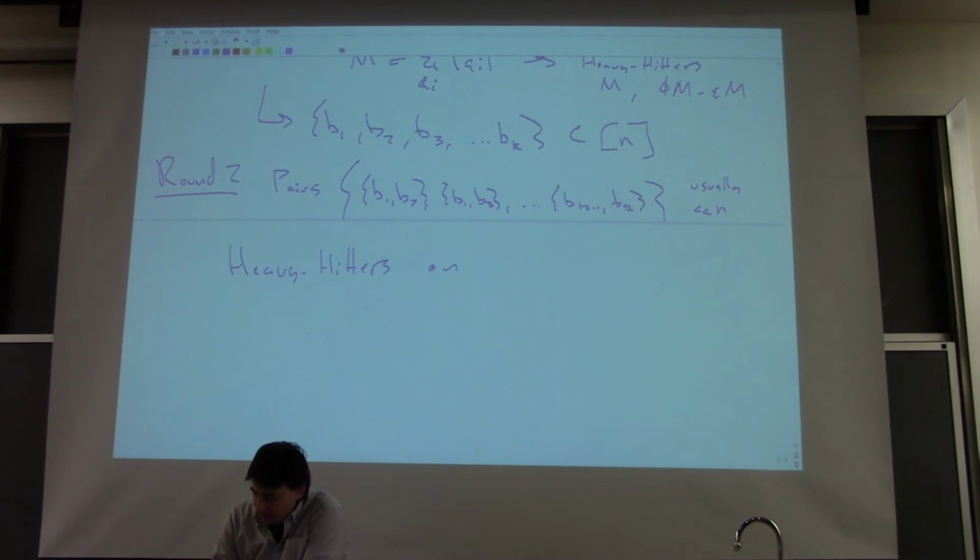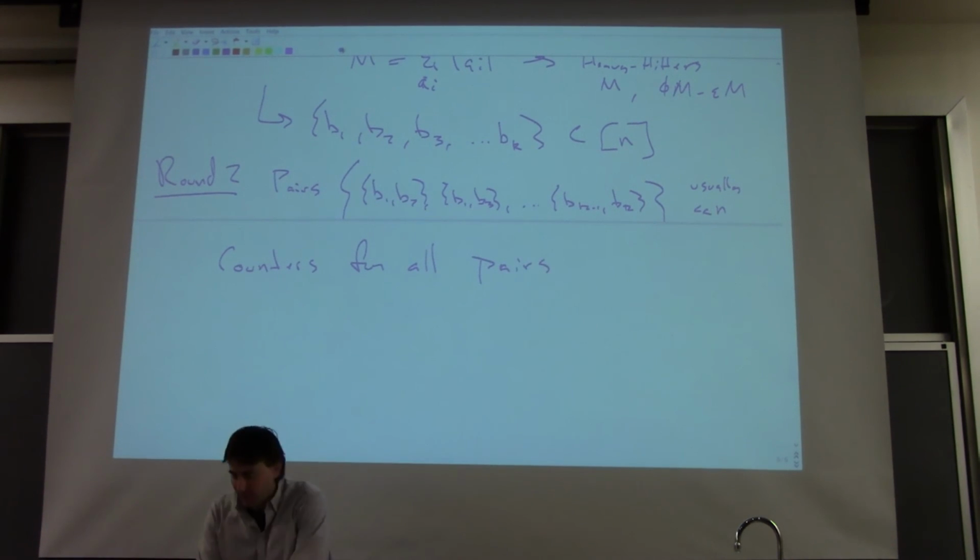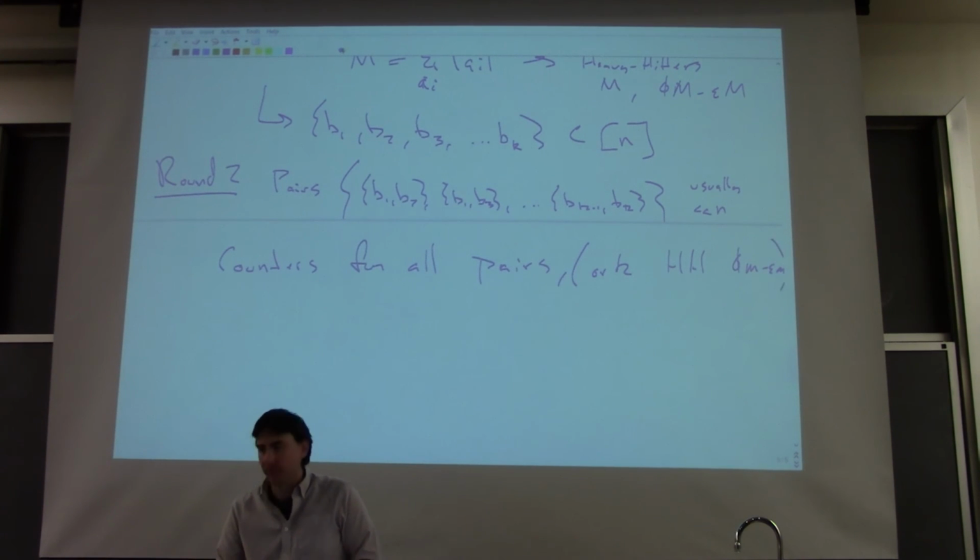What you can actually do is just keep some counters for all pairs, or if this number of pairs is very big, you can keep track of each of the individual k items, and then run the heavy hitters again with phi m minus epsilon m.